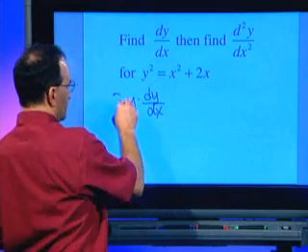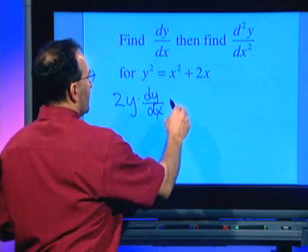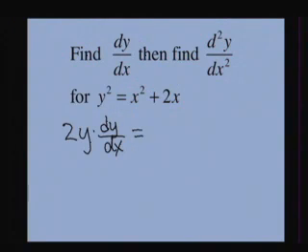So that's 2y, much better, equals the derivative of x squared, which is 2x, and of course times dx/dx, which is 1, plus the derivative of 2x, which is just equal to 2.